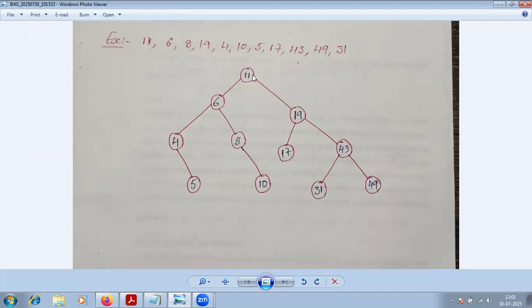According to the definition, all the elements in the left subtree should be less than the root node, and all the elements in the right subtree should be greater than the root node.